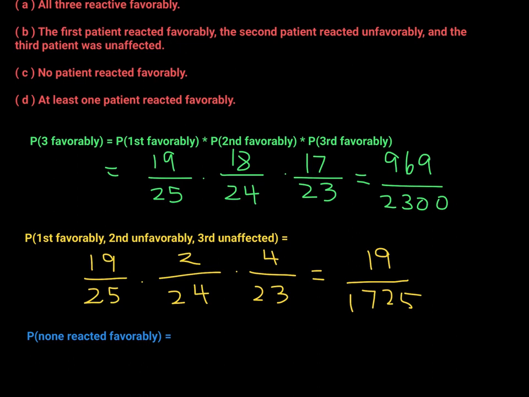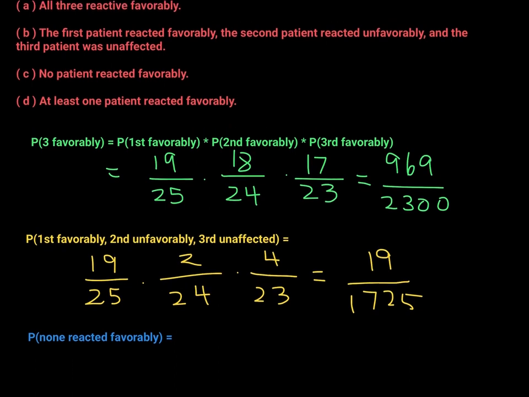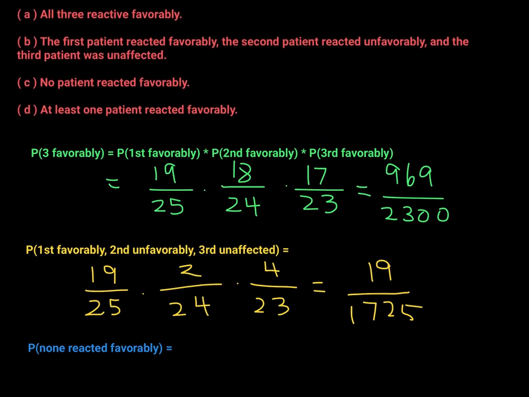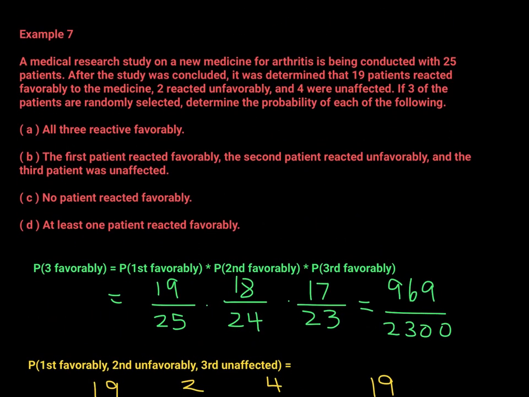Now hold on just a second. If you did not react favorably, that means you either were unaffected or you reacted unfavorably. And in this problem, right here, 4 were unaffected. 2 reacted unfavorably.